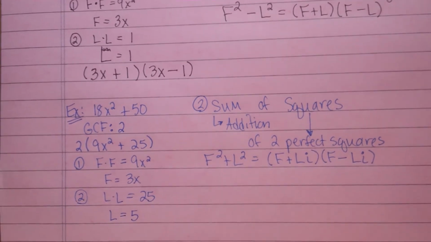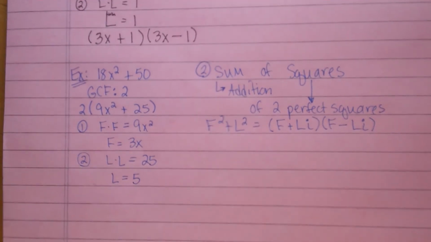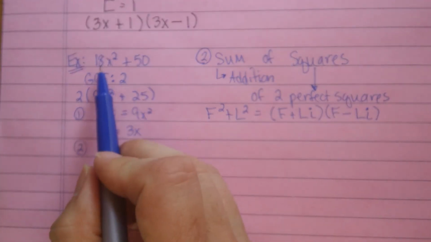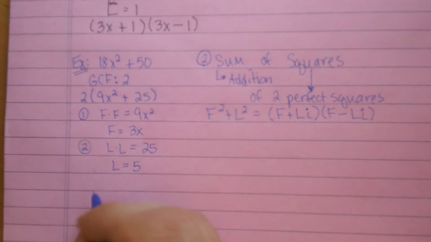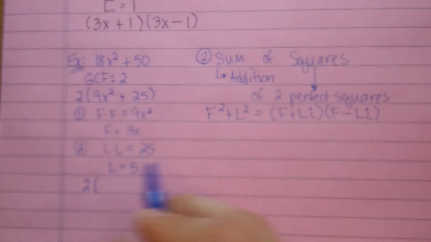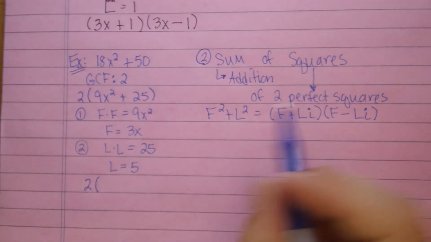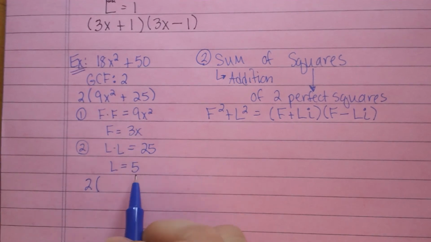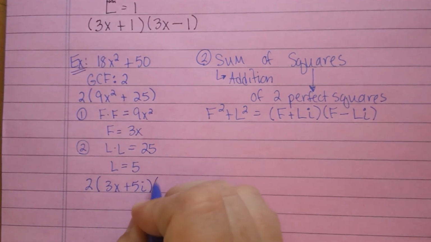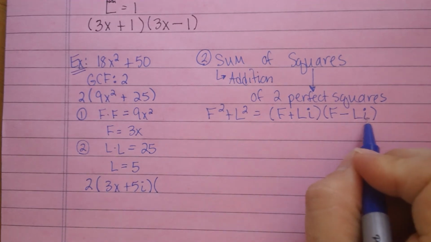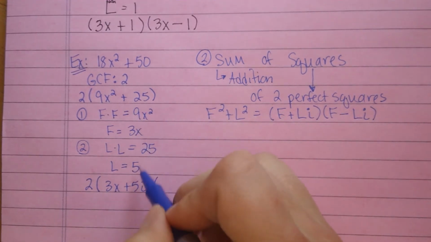Now I can put these into my pattern. So that 18x squared plus 50 will factor into the 2 from the greatest common factor times the parenthesis f plus li, so 3x plus 5i, times the second parenthesis f minus li, or 3x minus 5i.